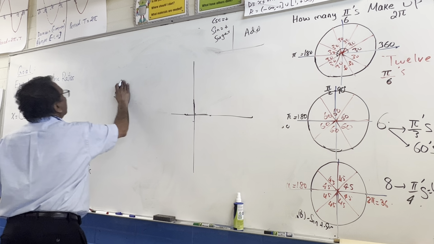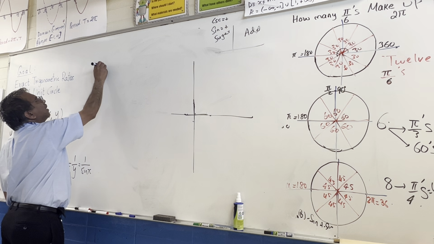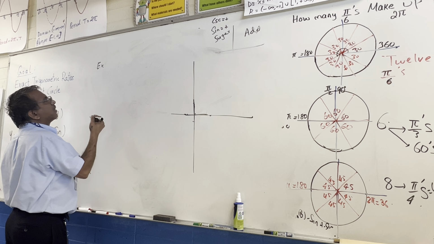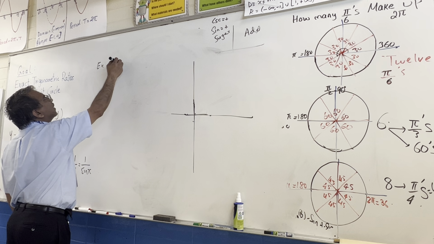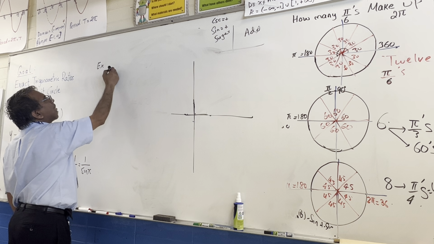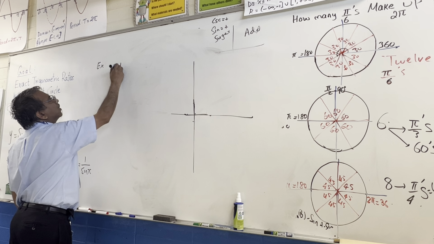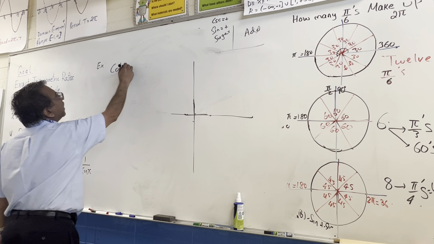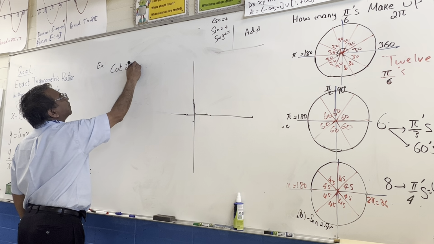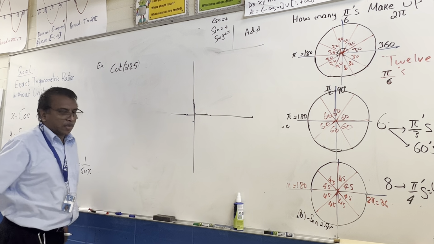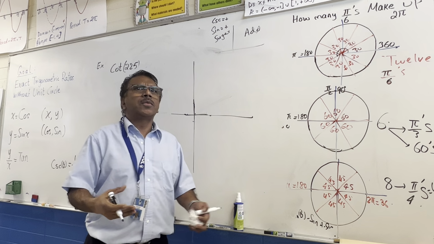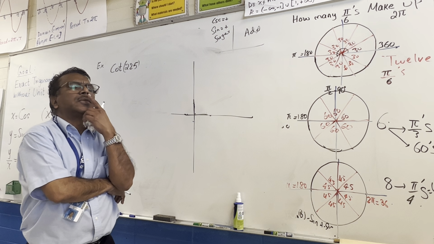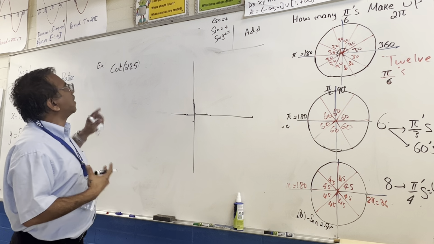One more thing, let's take another example, one in degrees. I'll just take a random one, let me write cotangent of 225. Where is this angle?